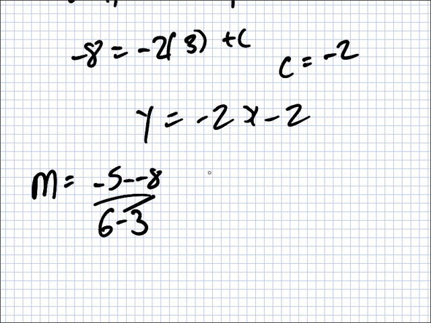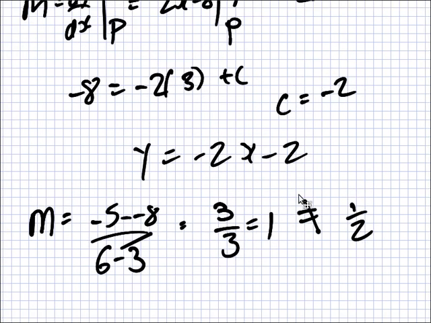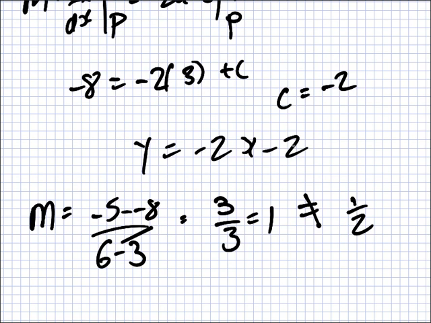So that's 3 over 3, that's 1, which does not equal 1 over 2. Which is what it would need to be perpendicular.